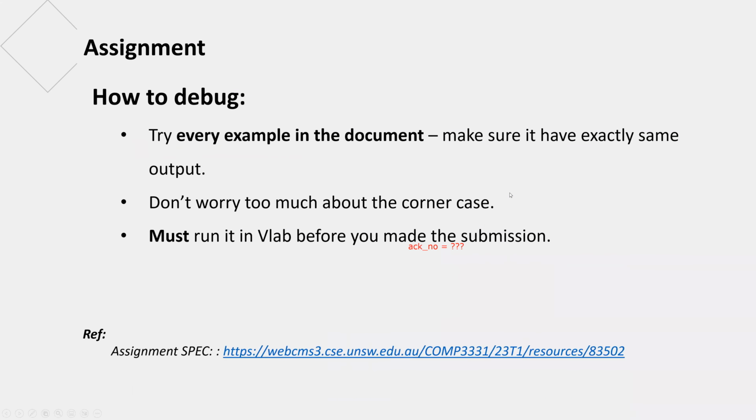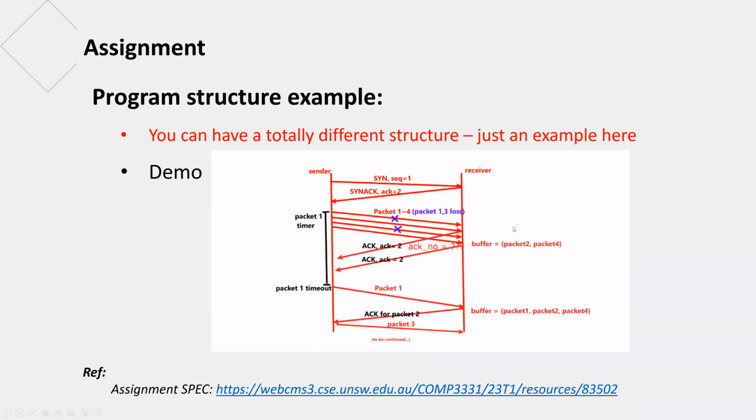Oh, sorry. So why is it 2 in here? I mentioned the ACK number should be equal to 2. Do you have any idea why it is 2 instead of 1? Because the SYN-ACK is 2. This number is 2. This number is 2.